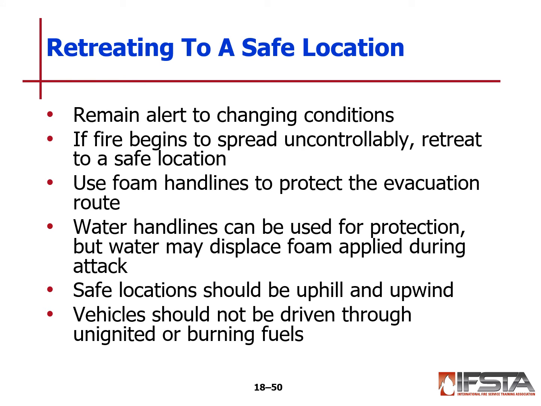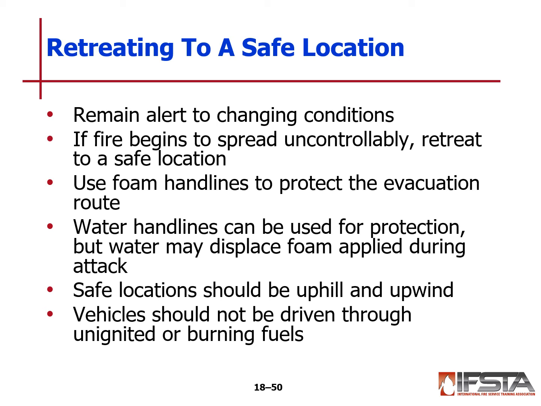Moving to a safe location, we want to remain alert to changing conditions and keep our situational awareness about us at all times. If the fire begins to spread uncontrollably, then retreat to a safe location. Use foam hand lines to protect the evacuation route.